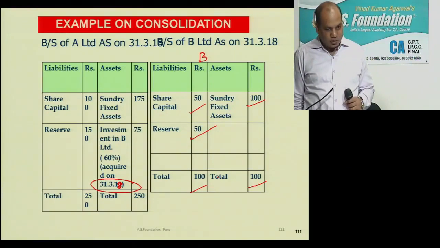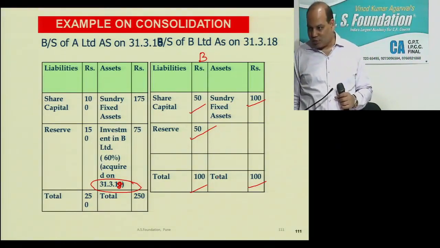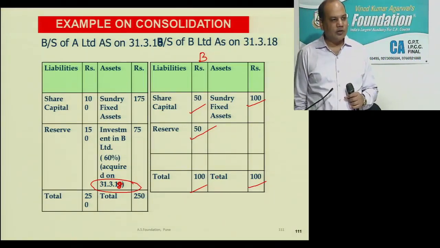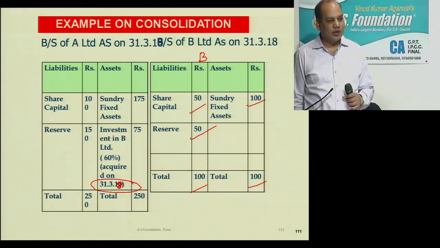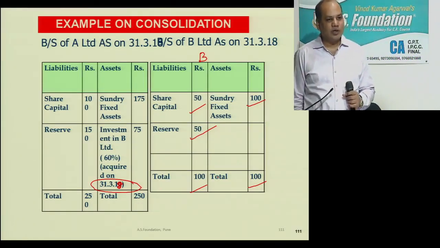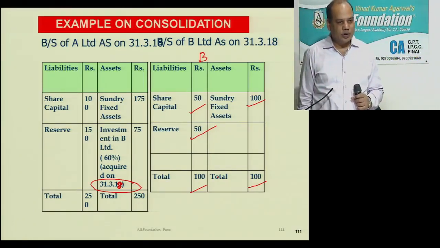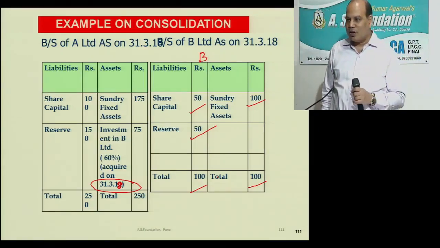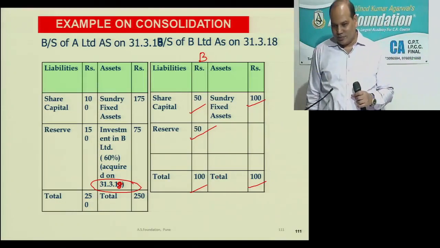Then what about minority interest? So you will calculate minority interest on the date of acquisition. Minority interest is equal to minority percentage into net asset of subsidiary. What is minority percentage? 60% is holding, so 40% is minority. And what is the net asset of subsidiary today? 100.